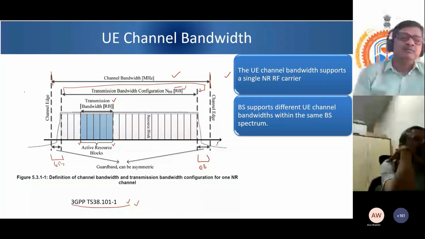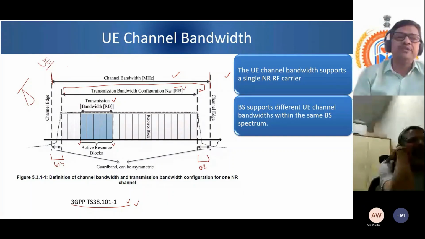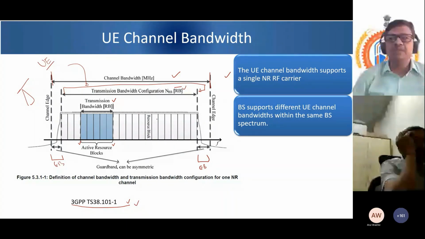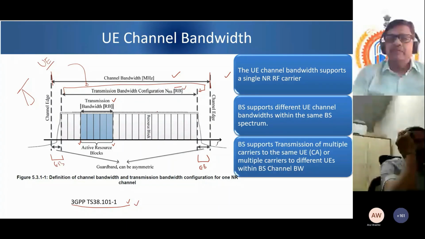When your BTS is transmitting, it will be supporting many UEs which may have different transmission or channel bandwidths, but the gNodeB is common for all the UEs. Third, the base station supports transmission of multiple carriers to the same UE or to different UEs. That means the tower can do parallel transmission.